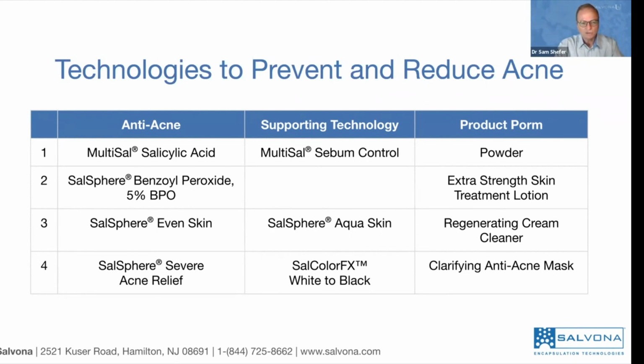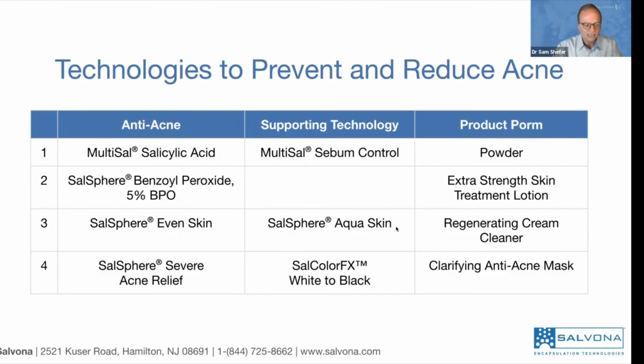I always like to show some physical sensory benefit to make the product not just effective, but more interesting for the user, because if it's more interesting, there is a better chance they use it frequently enough and they see the benefit. This is the major issue with anti-acne solutions. People try it once, they say it dries the skin, they stop using it, and then they say the product doesn't work, which is true. So this is a product that uses SalSphere Even Skin together with a moisturizing technology.